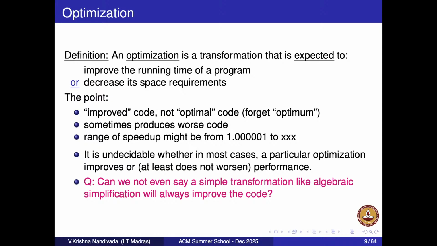Here is a fun question to think about. Let us say I have a simple transformation like algebraic simplification. What is an algebraic simplification? Let us say I have x equal to x times 2. I replace it with x equal to x left shift 1. Let's say x is an integer. Both are the same.